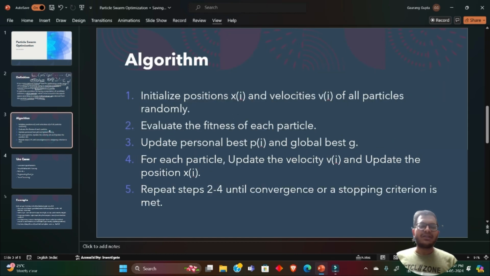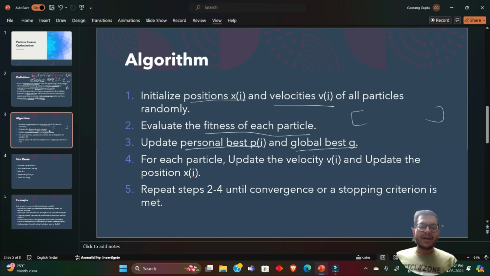Now, what is the algorithm? It's a 5-step algorithm actually. First, you have to initialize all the positions and all the velocities. After initializing them, you will calculate the fitness of each particle. Then you will calculate the personal best and the global best. The global best will be the maximum, or you can say the answer which satisfies the criteria which you defined the most.